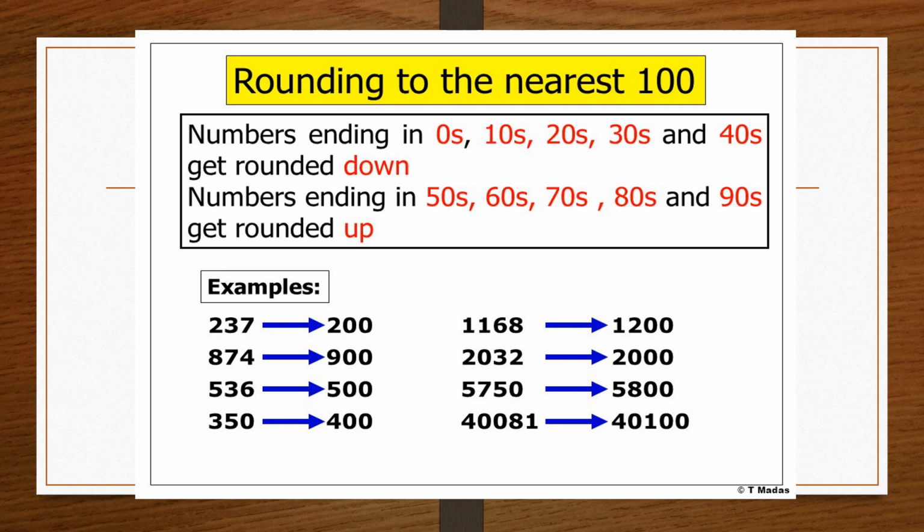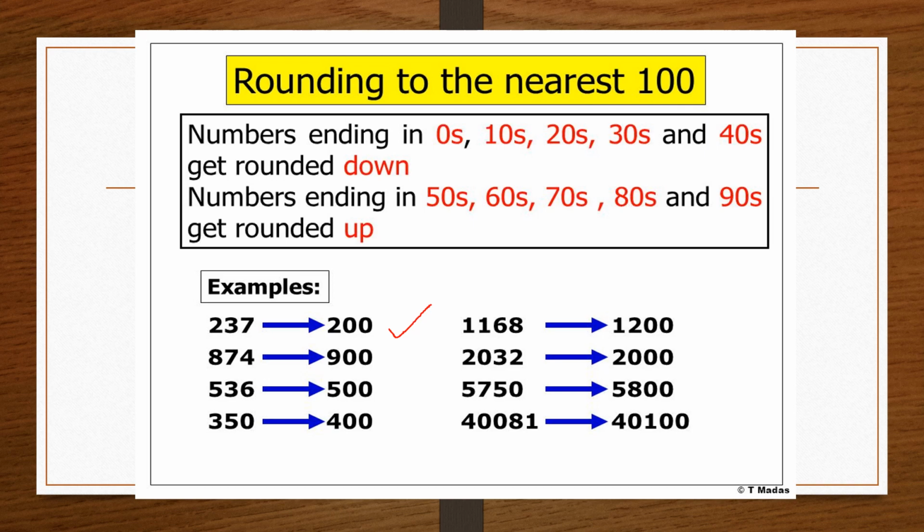Here you have some examples. See, the first example is 237. Tens digit is 3. So, this is rounded down to 200.